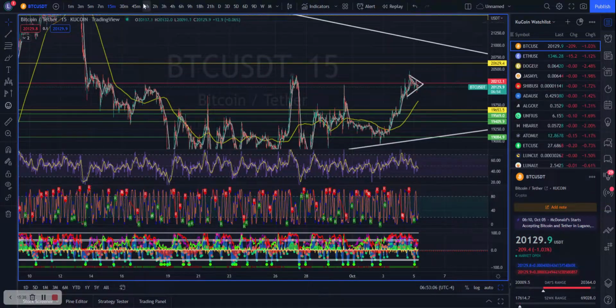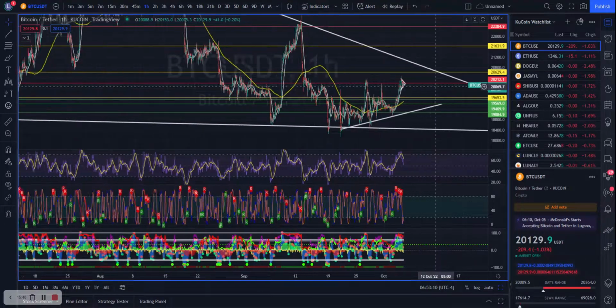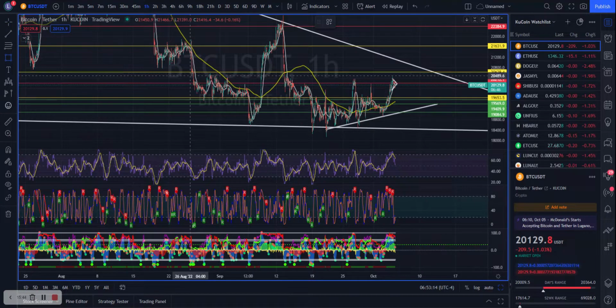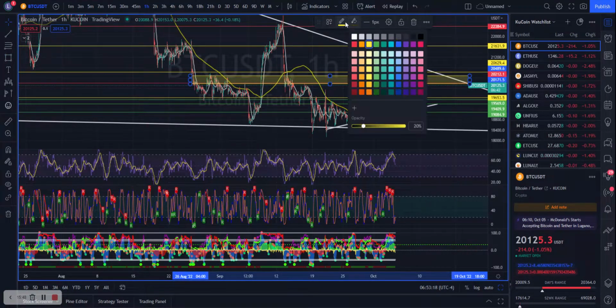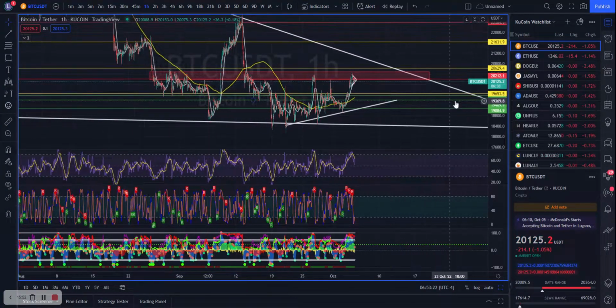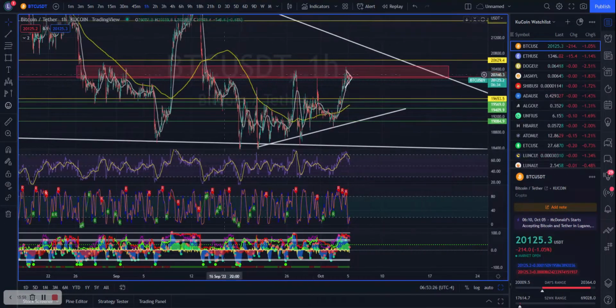As we can zoom out, we'll go to the 1 hour and see what other support we have. This support up here is more like a region. We have this area that's kind of acting like resistance. So as in resistances play out, usually when we get up here, it is a good time to sell.